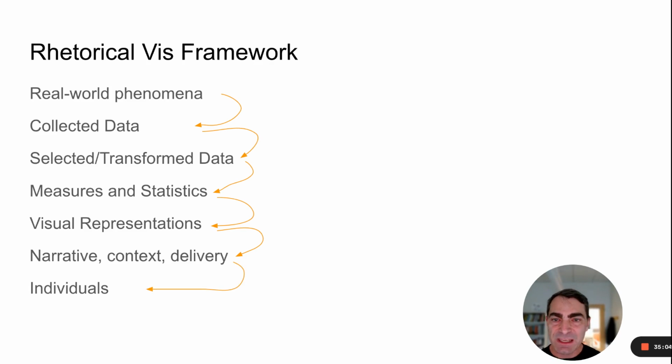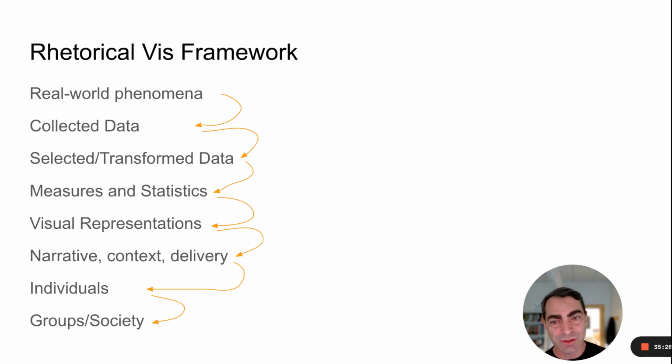And then there will be individuals, people that we are communicating to. So understanding who these individuals are, and especially what is their background and maybe even their attitude can help us make choices there. And finally, there will be groups of people that discuss and communicate this information to others, right?